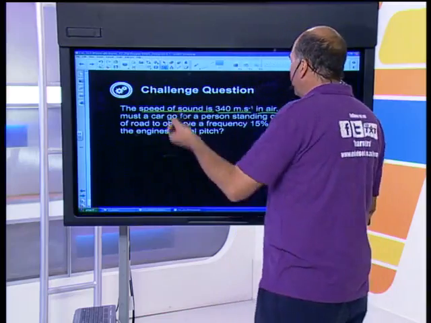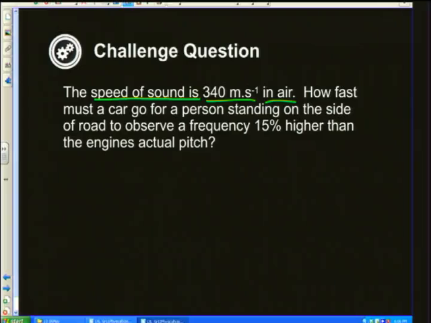It can change. It can be 330 or it can be 350 depending on temperature. But if you say let's assume that the speed of sound in air is 340, you will get credit for your working. So now we've given that.